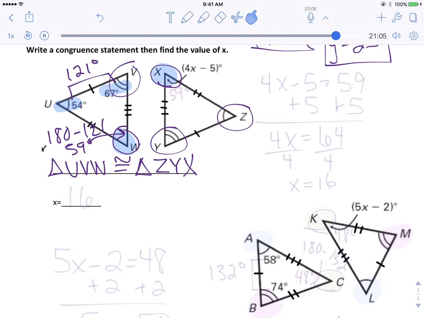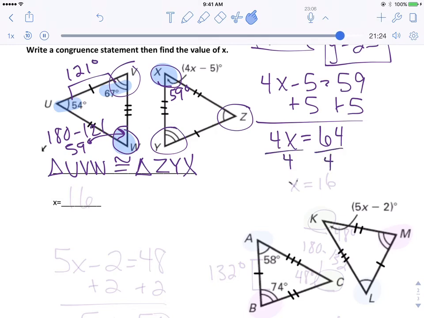So we know that angle W is 59, so therefore angle X has to be 59. So now we can set up that equation and solve for X. So 4X equals 64. Divide both sides by 4, and X equals 16.